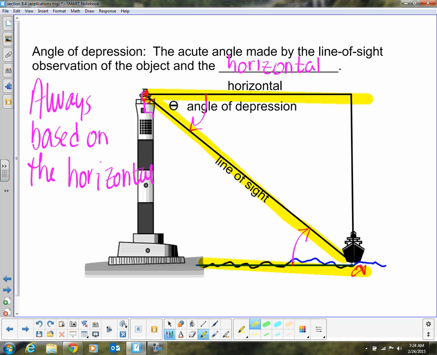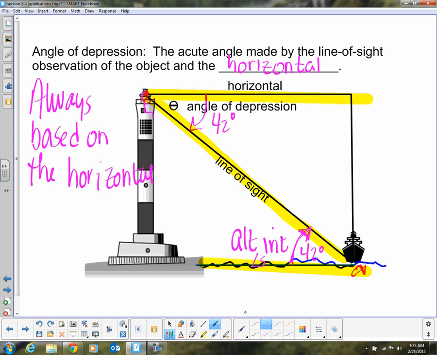What kind of angles are those? I heard it. Alternate interior. Why? Because they form a what? A Z. So you see, if you wanted to use this triangle in here, the angle of depression is going to be same as the angle of elevation. So if this was 42 degrees, then you would know this is 42 degrees.